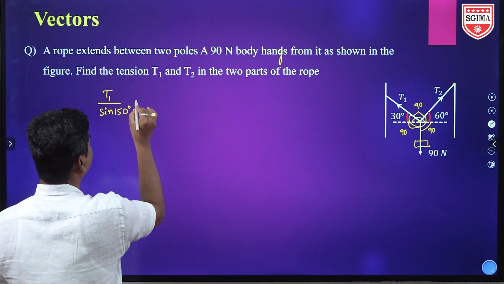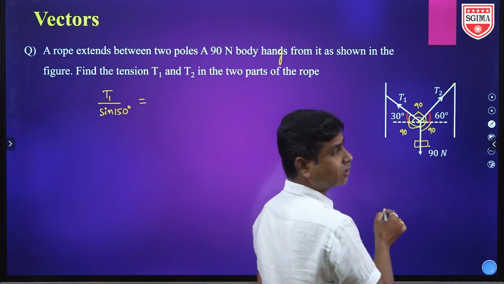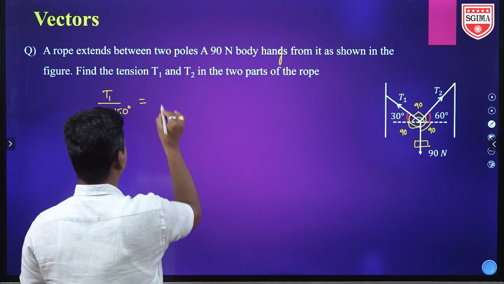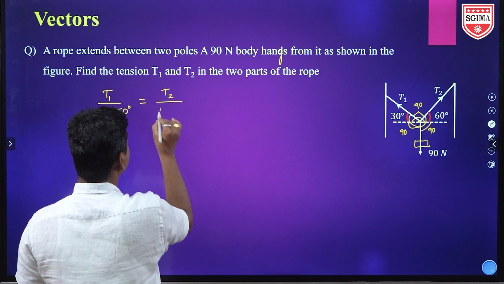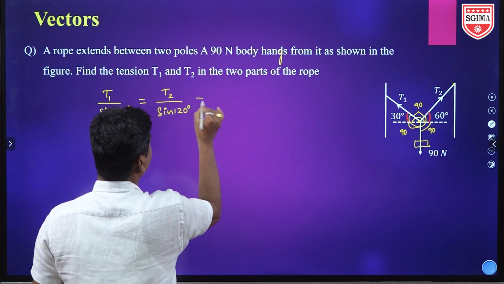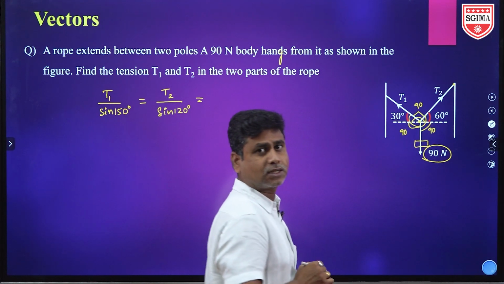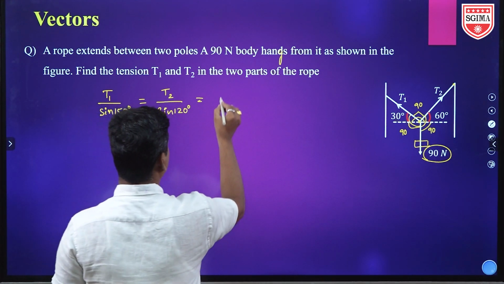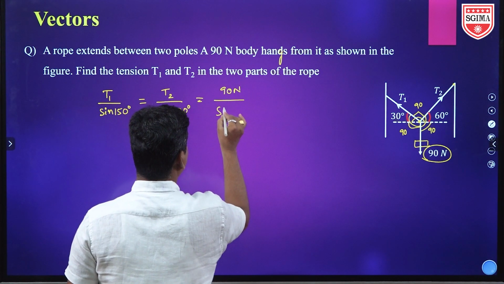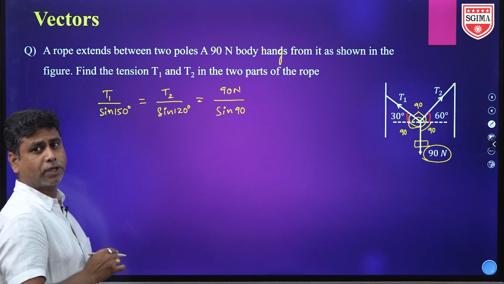Next, tension T2 with opposite angle 30 plus 90 is 120, so T2 upon sin 120. This force is 90 Newton, and its opposite angle is 90 degrees, so write 90 Newton upon sin 90. These three are equal.